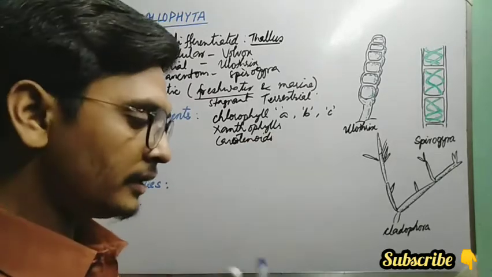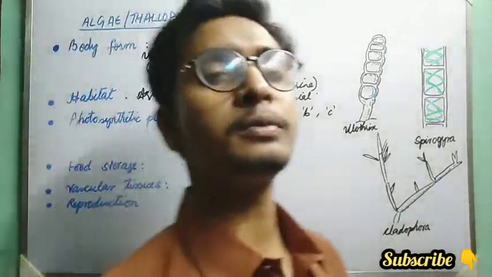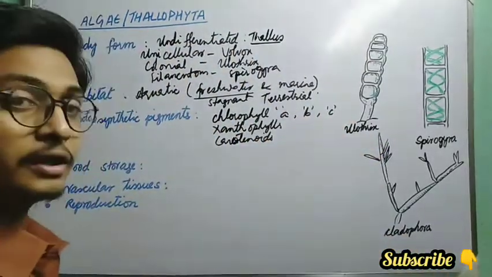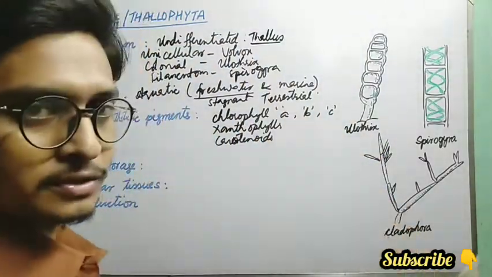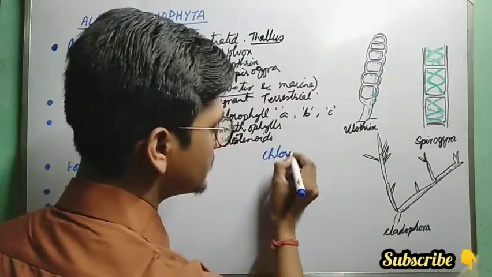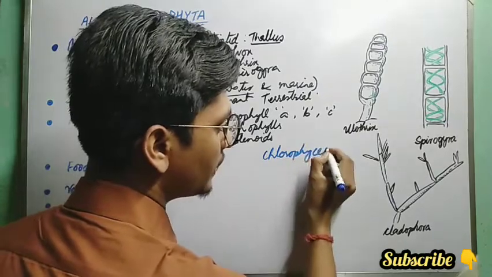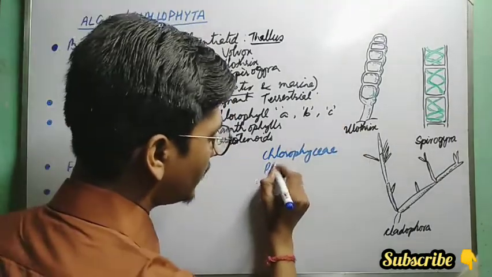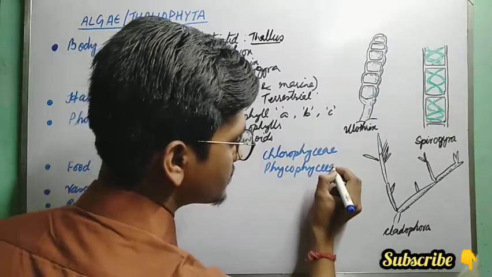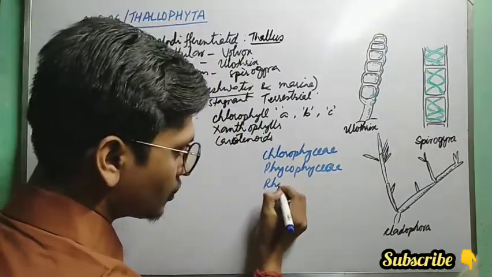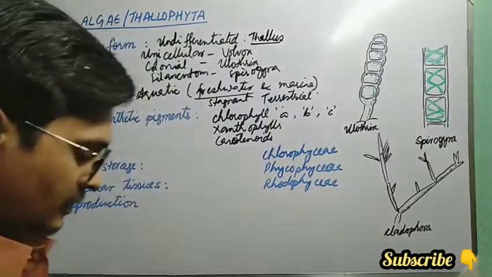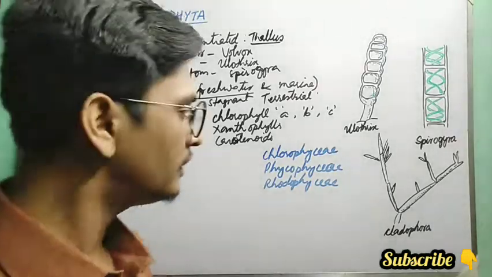According to the type of pigment present inside them, these algae are divided into 3 orders. They are Chlorophyceae, Phaeophyceae, and Rhodophyceae. So these 3 orders of algae can be there.